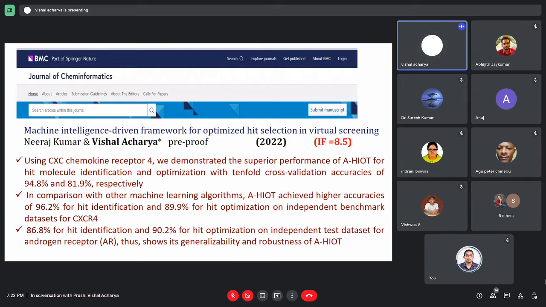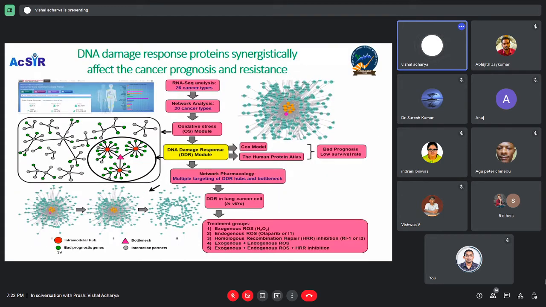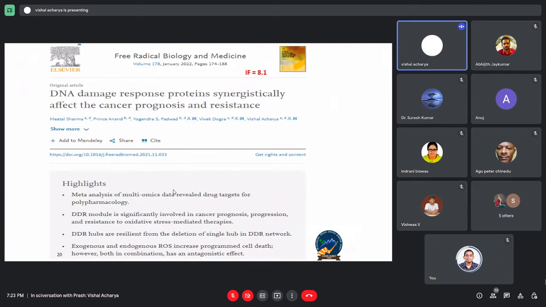So this one is about one work, and recently we went to the paper on network pharmacology. We have integrated network pharmacology, considering big data with network pharmacology, and that was recently published in Theoretical Biology and Medicine.